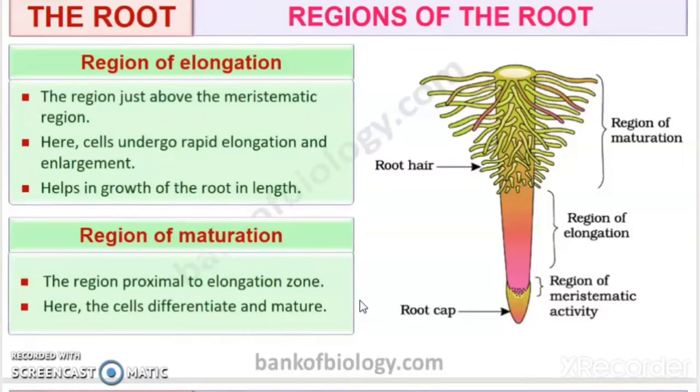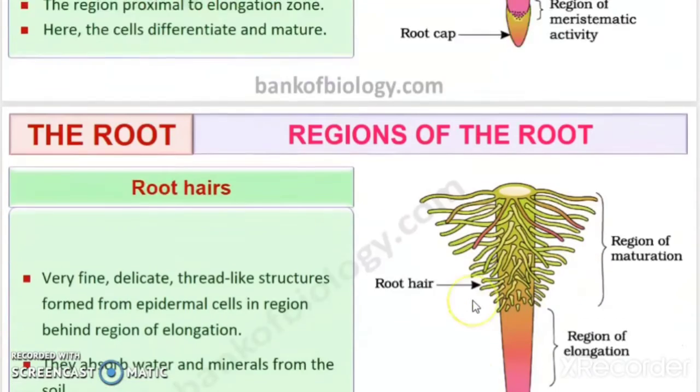Then comes the region of maturation. This region is proximal to the elongation zone, and here the cells of elongation will gradually differentiate and mature.